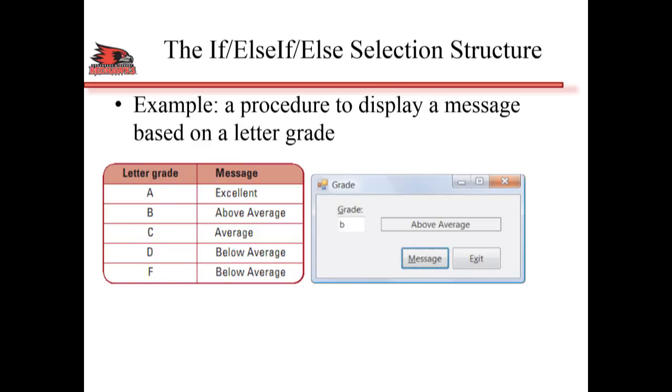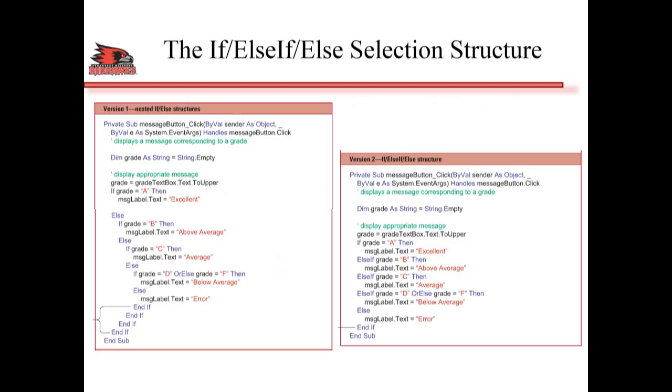To code this, we can go through two different ways. Version 1 is what we just learned, the nested if-else structures. The code is basically, after you define what button and what kind of action you want to do, you declare a string called grade, and then you have to do something with that string.